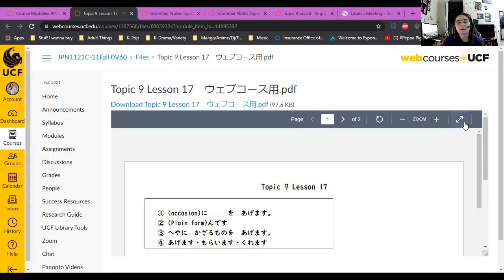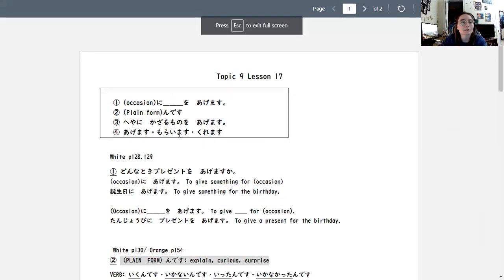So we're going to look at the last thing that Sensei has in Canvas. It goes over the occasion, ni blank o agemasu. So you gave someone something at an occasion, plain form, heya ni kazaru mono o agemasu. So you decorated your room with something. Agemasu, moraimasu, and kuremasu.